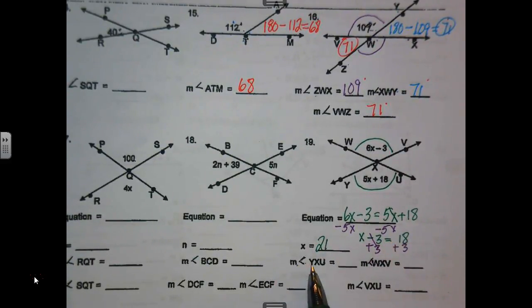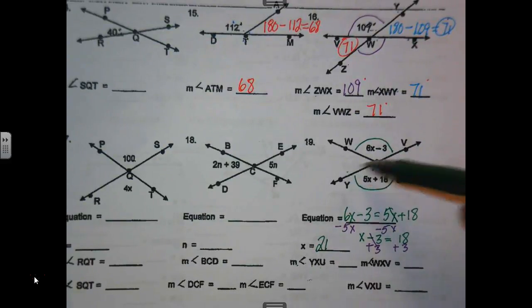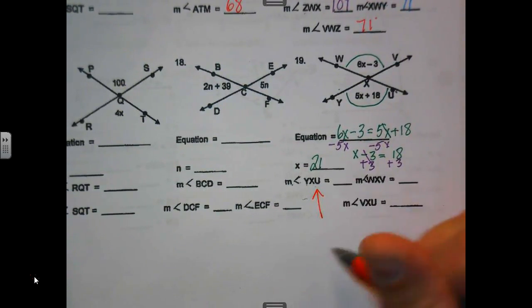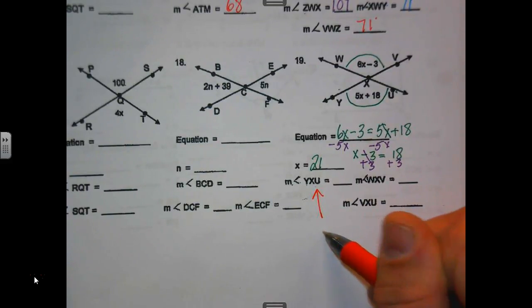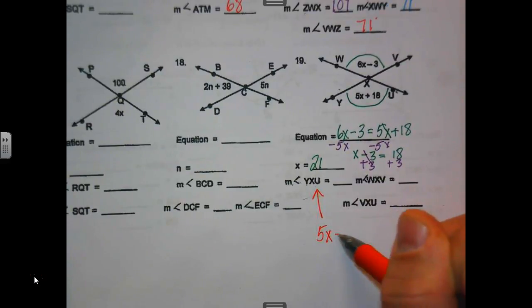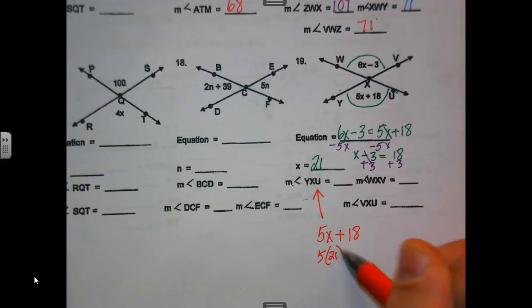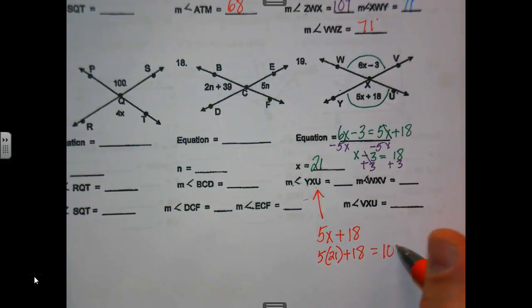The measure of angle YXU is 5x plus 18. I know x is 21. 105 plus 18, 123.